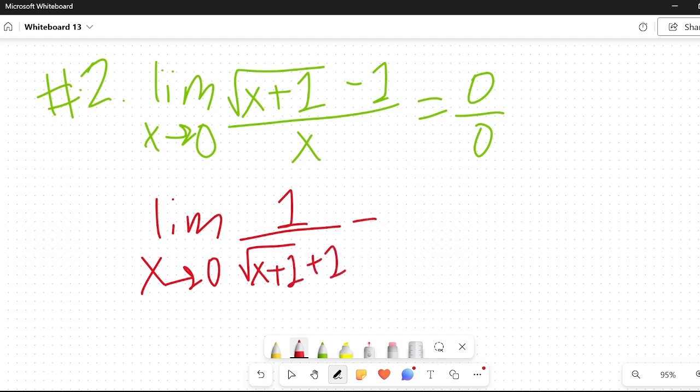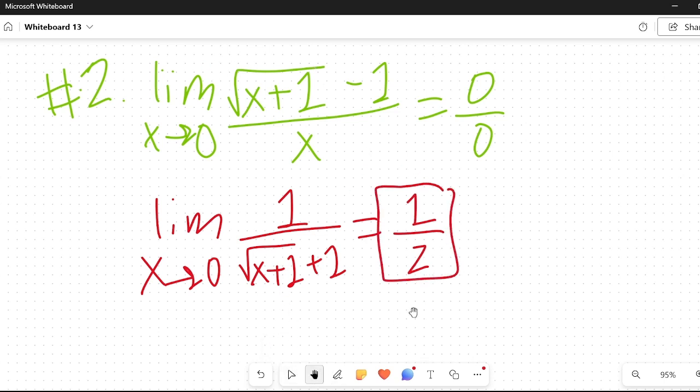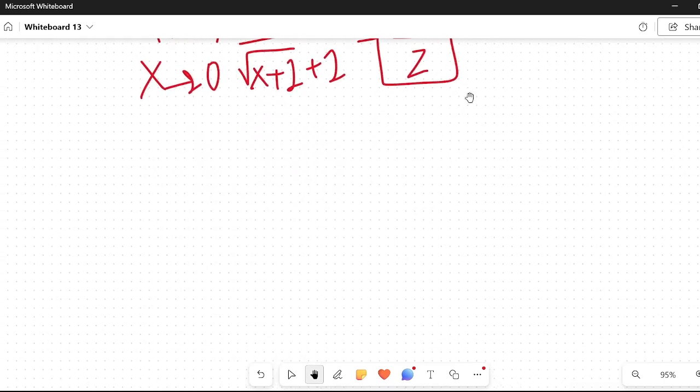And in this case, we can evaluate it. If we plug in 0, it will be 1 over 2. So we just evaluated this limit, and the trick we used here is simply multiplying by the conjugate. So this is our other way of doing it.